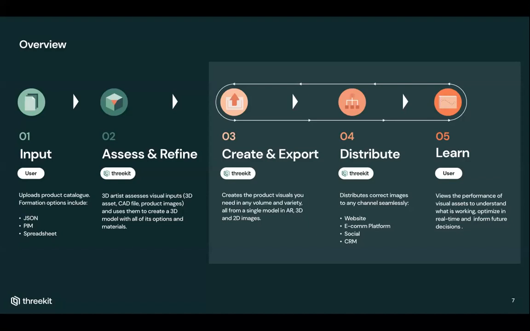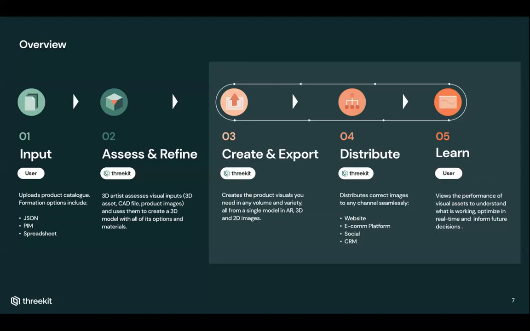And then finally, and almost most importantly, there is a way to interact and learn from what these visuals are actually doing for you. So how they're performing on the platforms that they're on, which allows you to get a look at what they're doing in real time, and then inform future decisions.